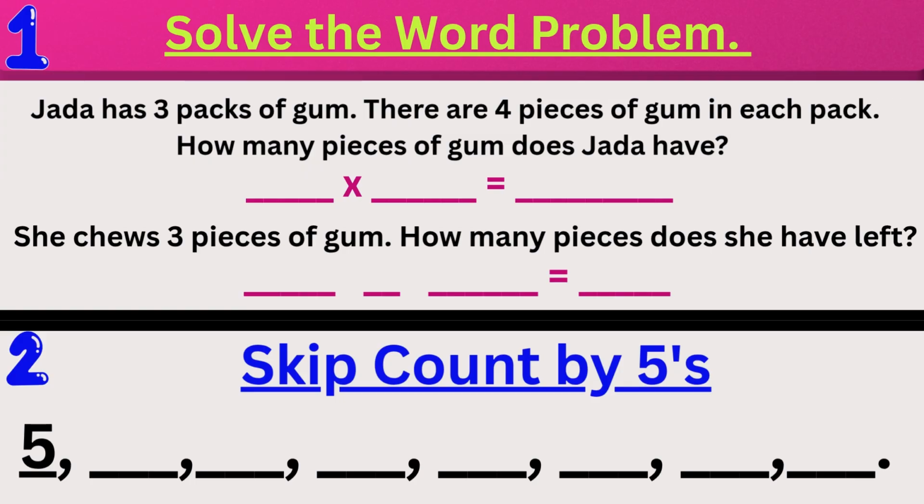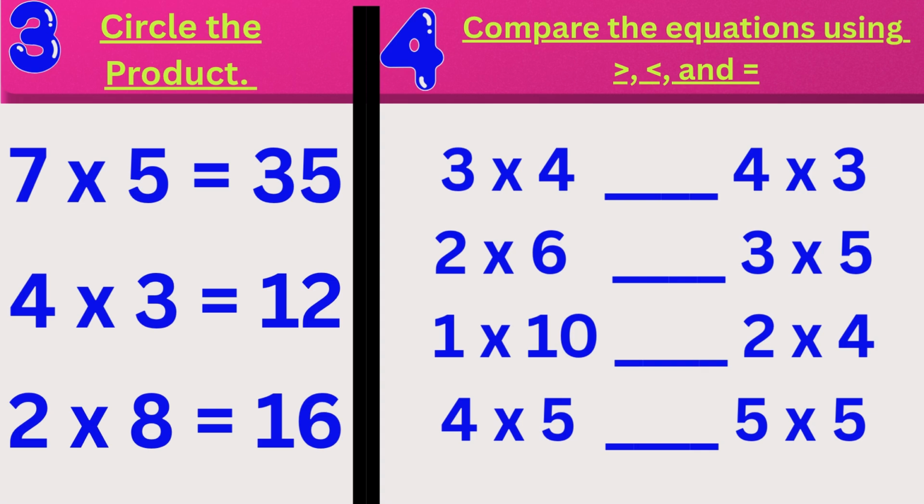Number 2, skip count by fives. 5 is done for you. Now fill in the next 7 blanks. Number 3, rewrite and circle the product in each multiplication sentence. 7 times 5 equals 35. 4 times 3 equals 12. 2 times 8 equals 16.